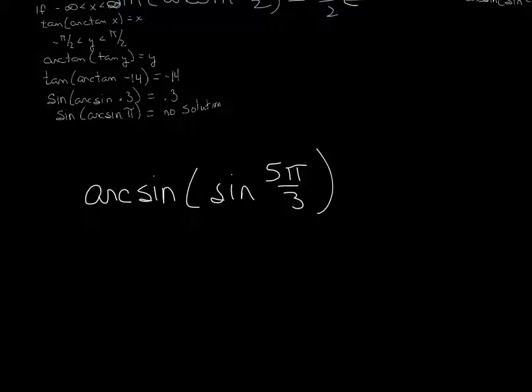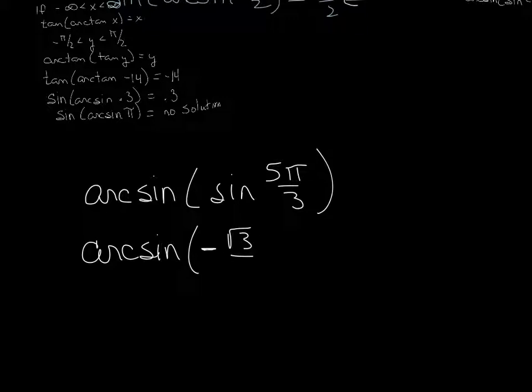So what we've got to do is figure out that value. What's the sine of 5 pi over 3? What quadrant are we in? 4th quadrant. So what does that tell us about the sine in the 4th quadrant? It's negative. And what's the value if the reference angle is pi over 3? Square root of 3 over 2.